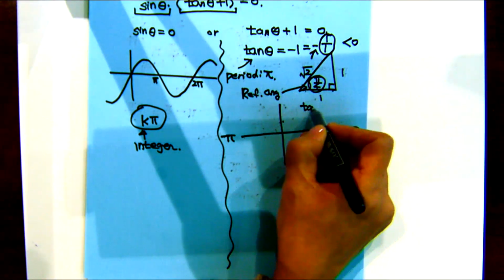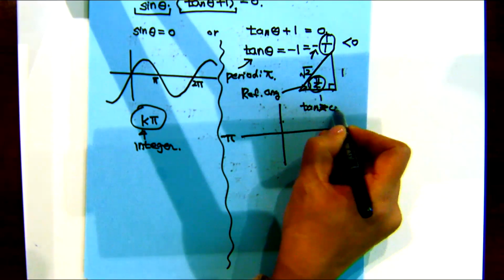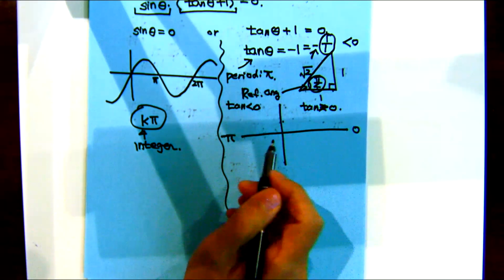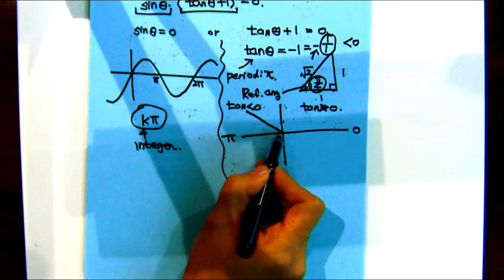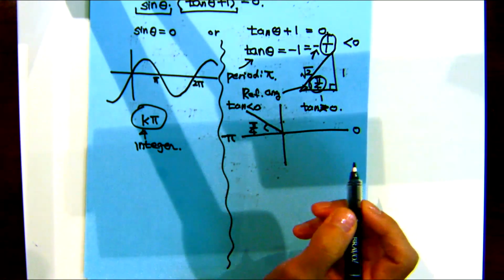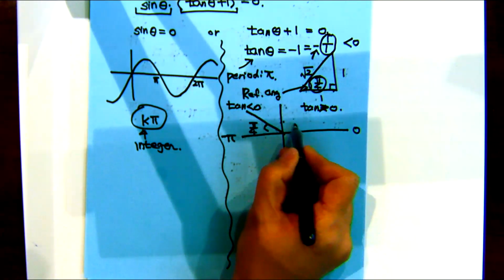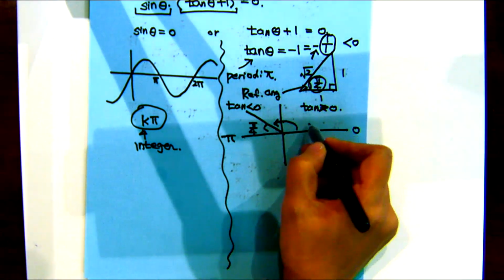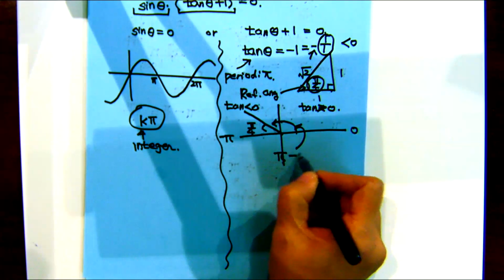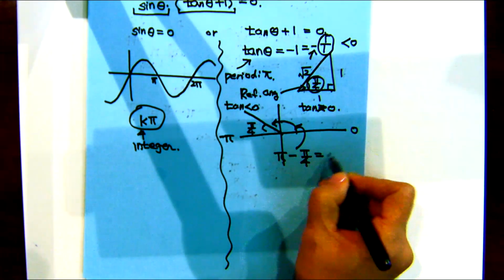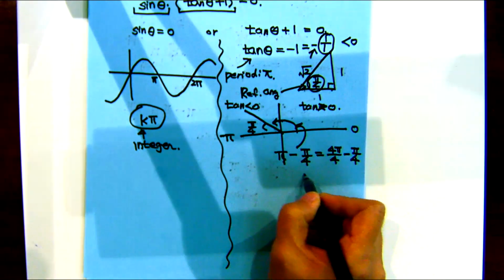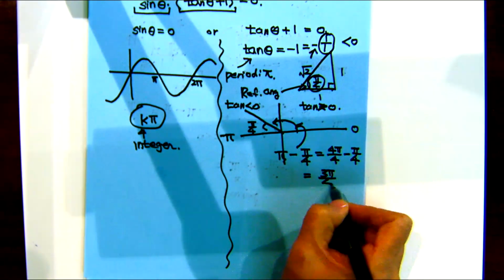And tangent is positive in the first quadrant and negative in the second quadrant because x and y have different sign. And we know that the reference angle is pi over 4. Obviously, this angle is pi minus pi over 4. That is 4 pi over 4 minus pi over 4. So that is 3 pi over 4.